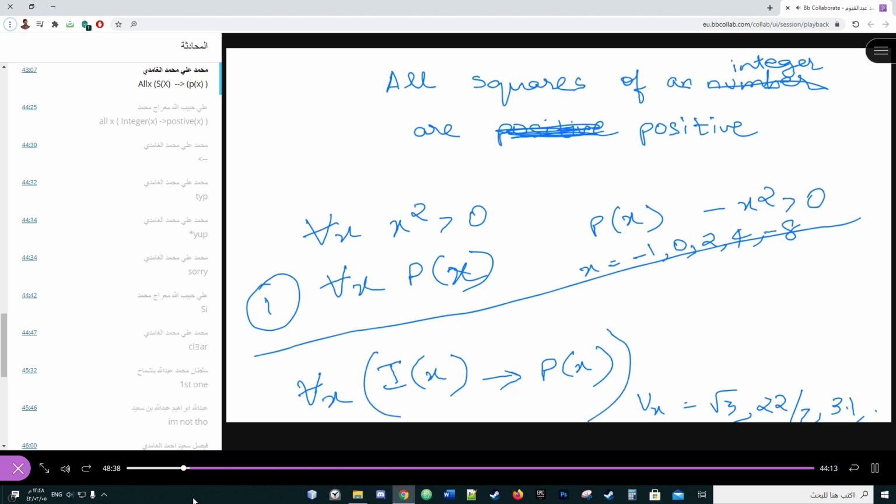If that number is an integer, then the square of that number is positive. Muhammad Ali, I told you when you're talking about all, use the implication, not the and. Yeah, okay.